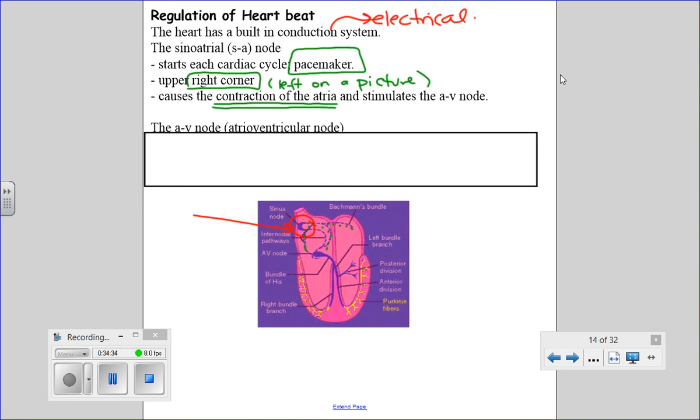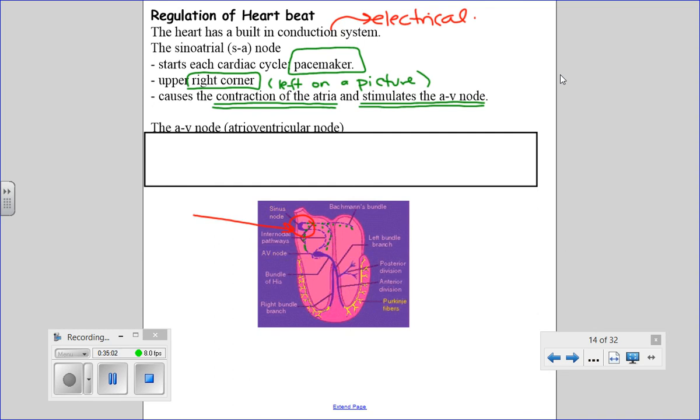One of them is called Bachman's bundle. There's some other pathways. But basically, there are little pathways running from that node to both of the atria of your heart that cause them to contract. When they contract, they push blood forward. It also stimulates the next node in the pathway, which is the AV node.